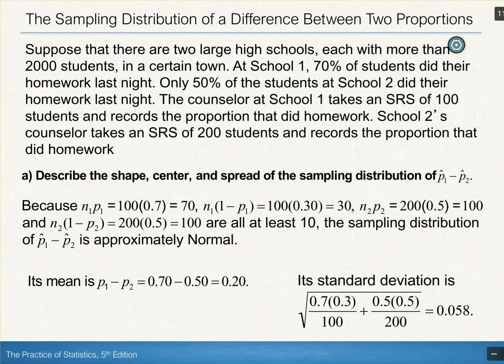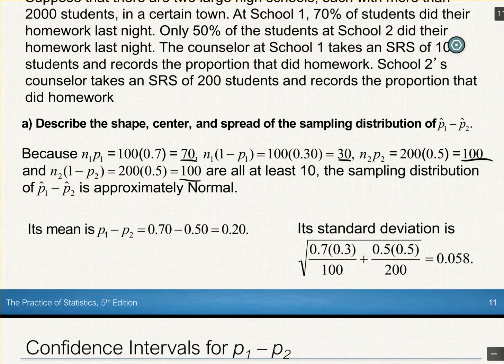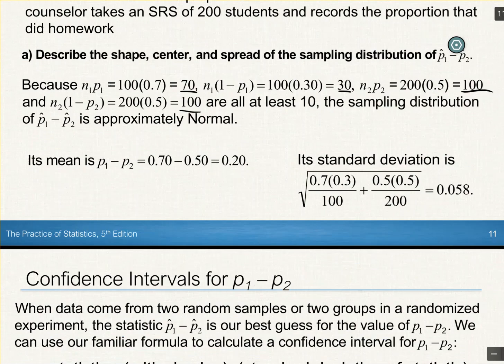So if I check all those things for the example that we were just working on, we notice that n1p1 equals 70, n1 times 1 minus p1 equals 30, etc. We're checking that all these numbers are bigger than or equal to 10. And they are, so we're good to go. It's approximately normal. And the mean, again, just subtract the two, and the standard deviation, I went through that calculation as well.